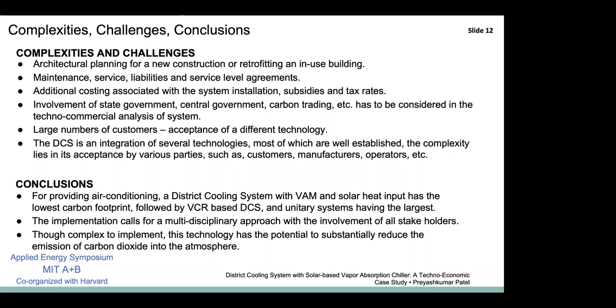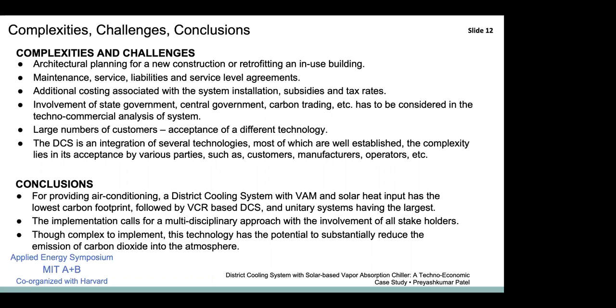The concept has lots of benefits, but the benefits come along with a bit of complexities as well. The major complexities can be architectural planning for new constructions and implementing the same concept in older buildings as a retrofit.